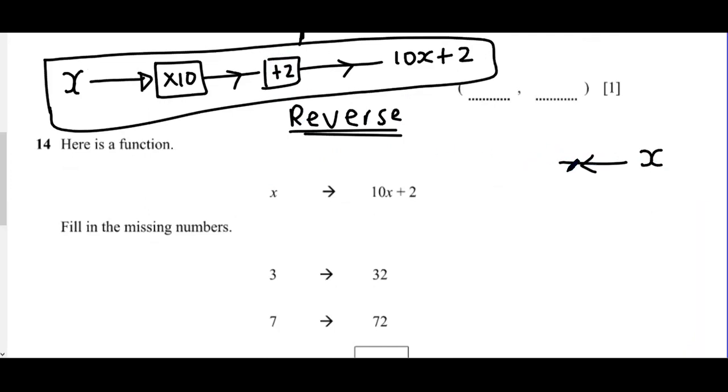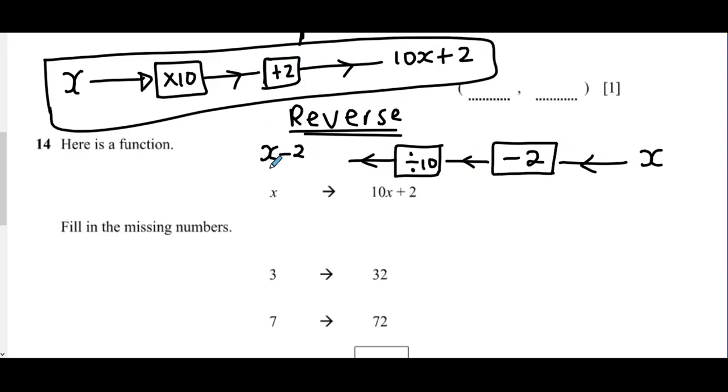Then instead of adding 2, you need to subtract 2. Once you subtract 2, you need to divide by 10. This is the reverse process. Once you do that, you get your output, which is X minus 2, the whole thing divided by 10.